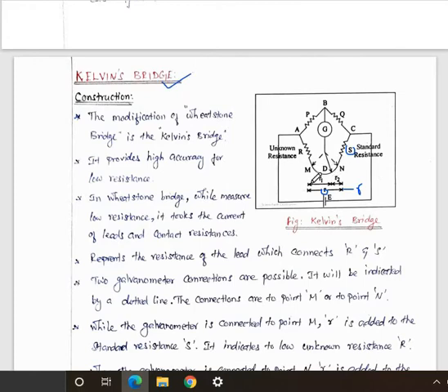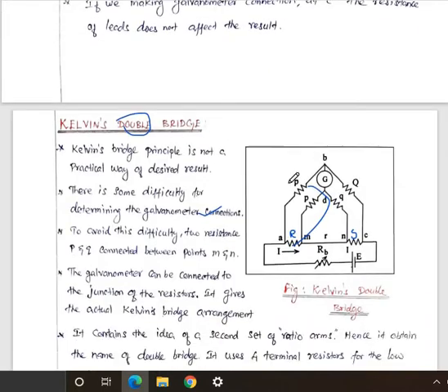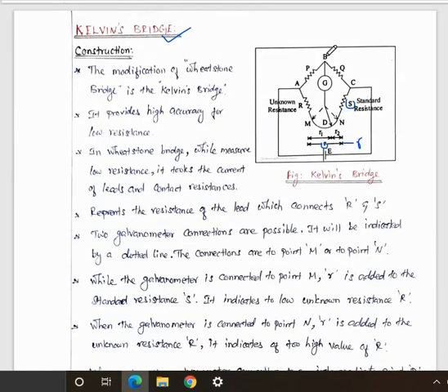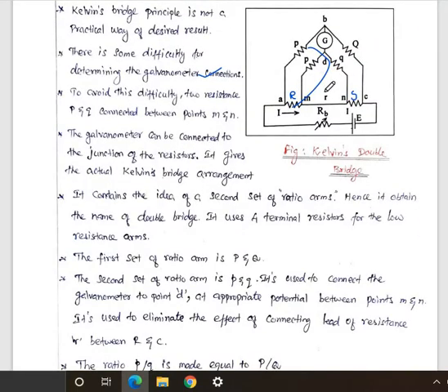To overcome this problem, we move to the Kelvin double bridge. We have to remove the resistance at that galvanometer position. Here also the galvanometer should be placed at B and D, so that same point will be created here, but that variable resistance should be avoided.